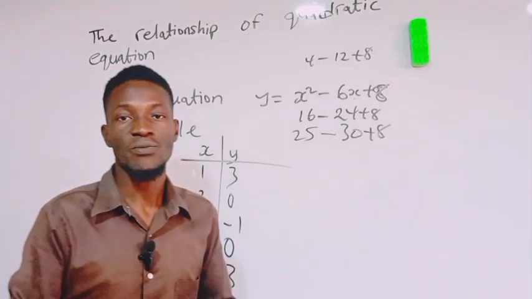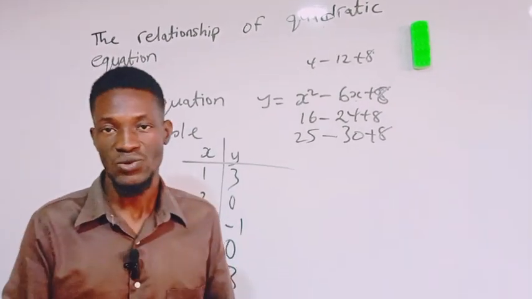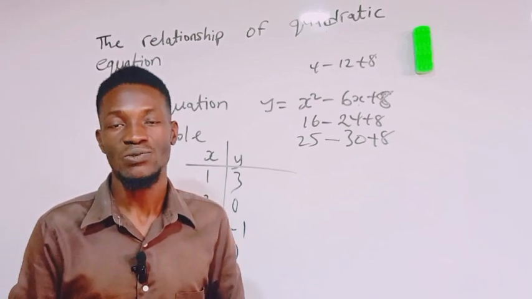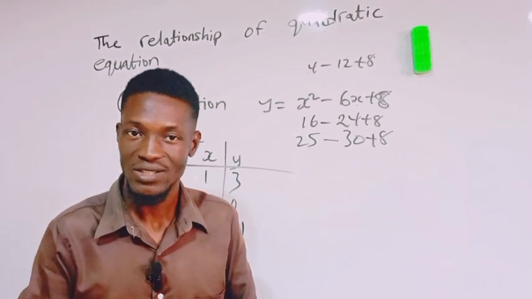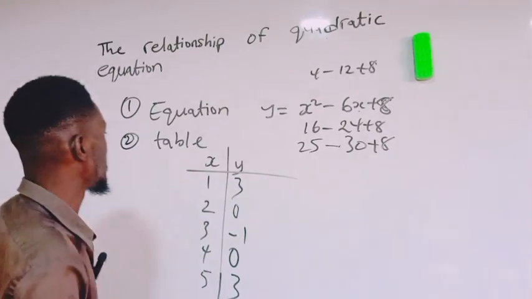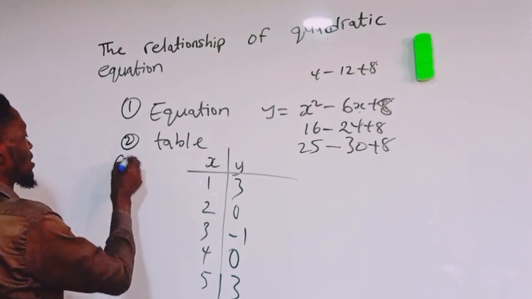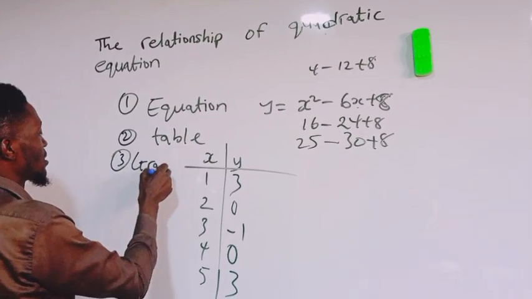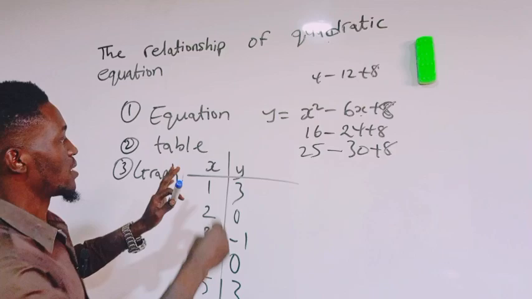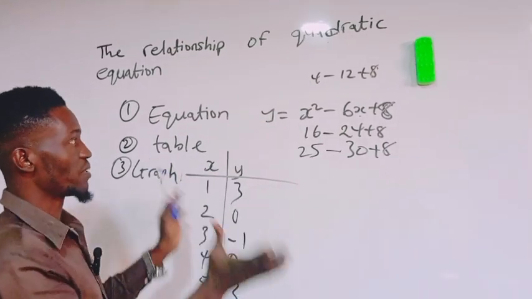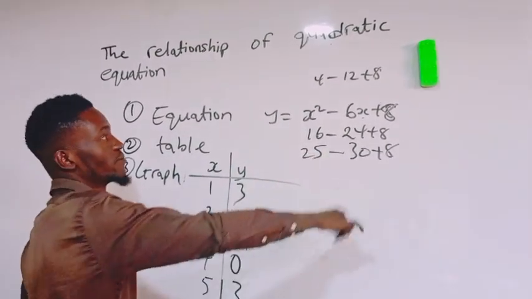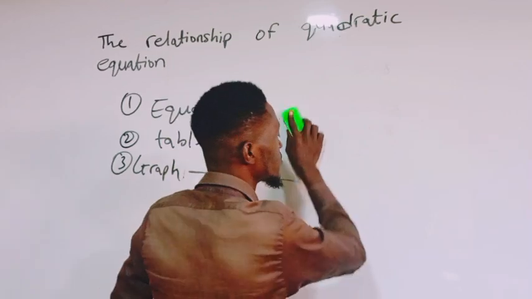From this tabular form, you can get the third form in which a quadratic equation can occur. A quadratic equation can occur in a graphical form. Let me write it: number 3, it can occur in a graphical form. Let me use these values to plot my graph. So let me clean this side.